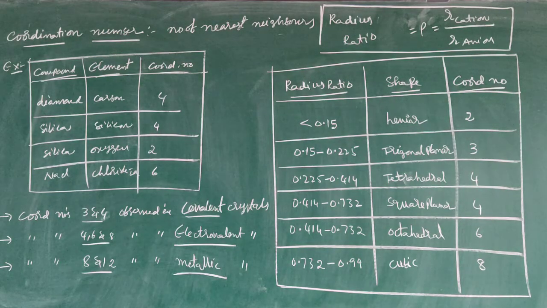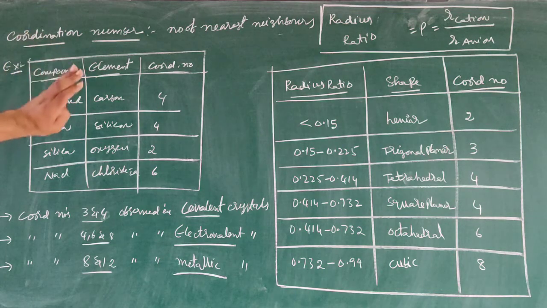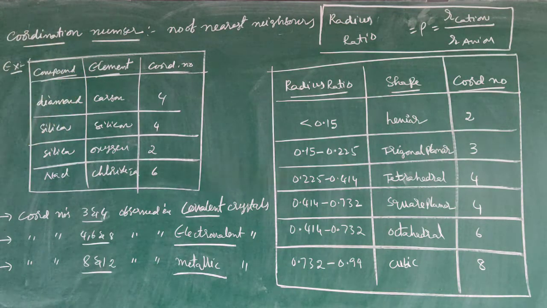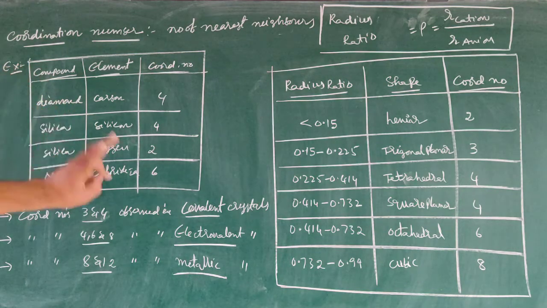Coordination number is the number of nearest neighbors present around a sphere, atom or ion in a crystal. For example, in diamond, carbon has coordination number 4. In silica, silicon has coordination number 4 and oxygen has coordination number 2.